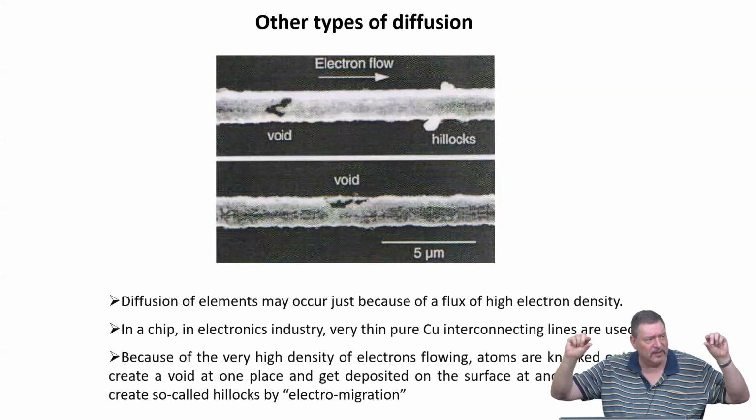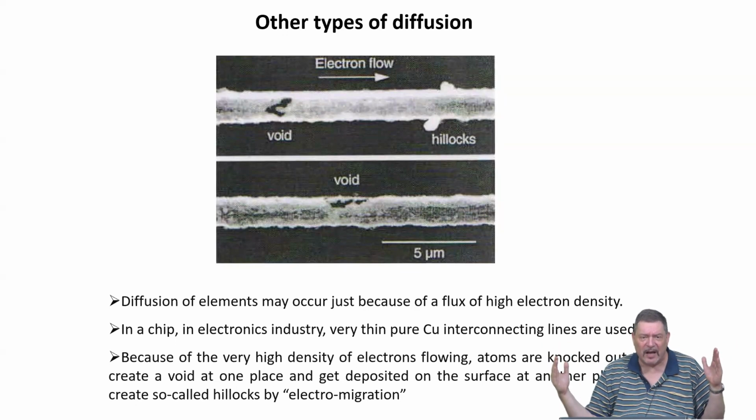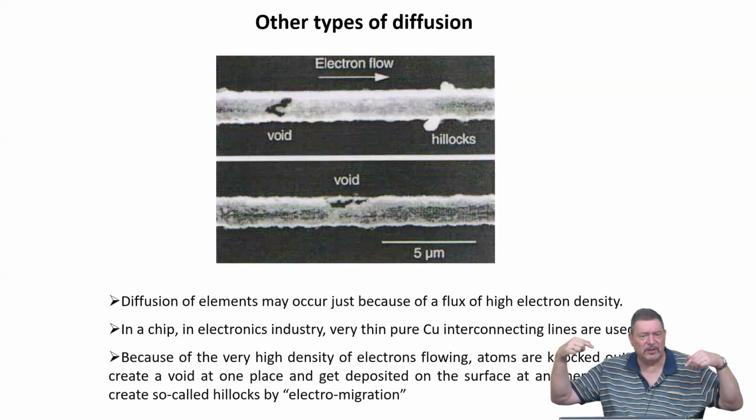And that is dictated by the properties of the metal. So it means when you apply a high voltage, many electrons will go through the material, but they will be concentrated in a very thin shell.